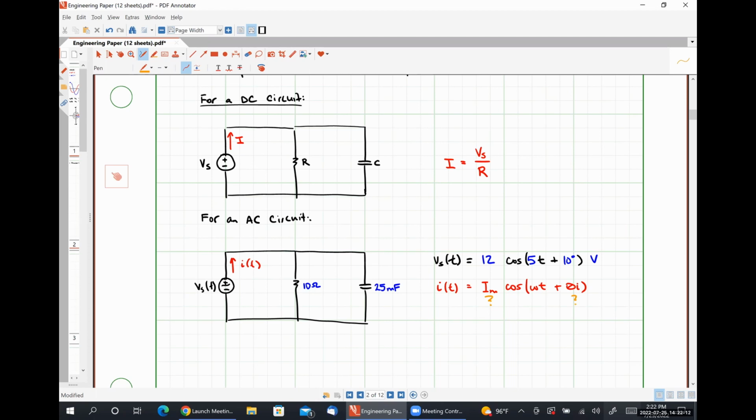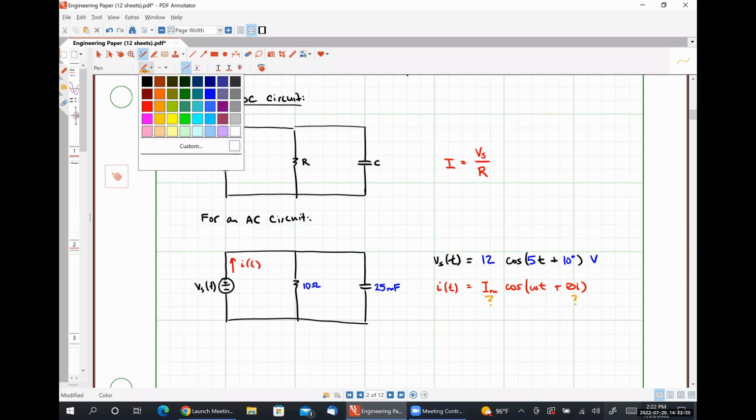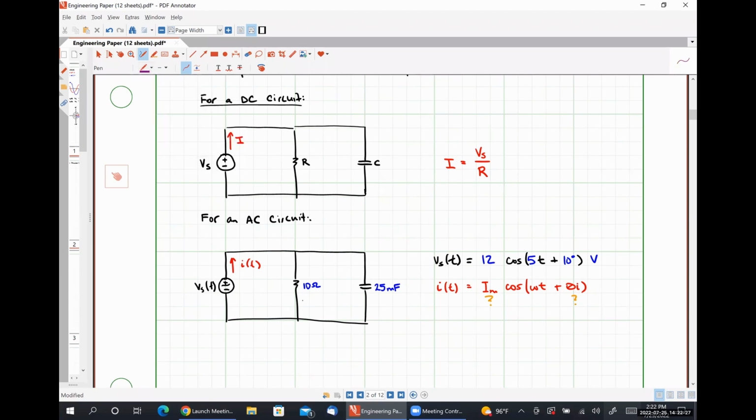So how we are going to analyze this circuit, or how we're going to kick things off really, is to use Kirchhoff's current law. So I'm going to call this current IR of t, and I'm going to call this current IC of t.